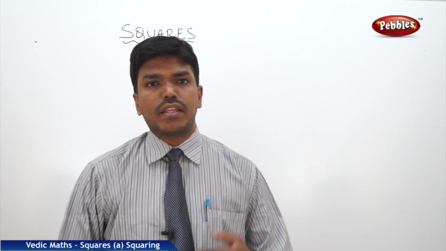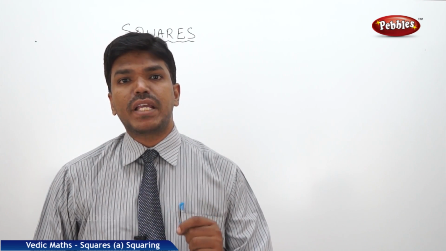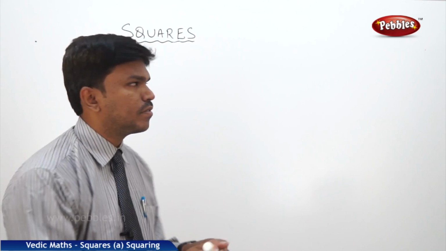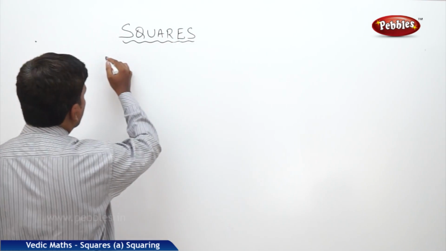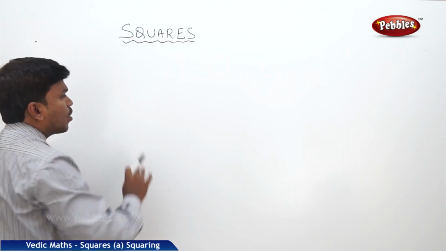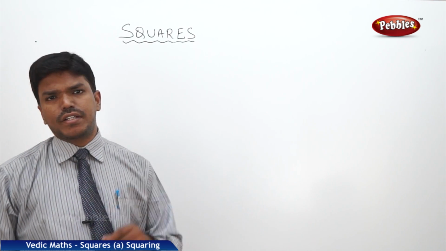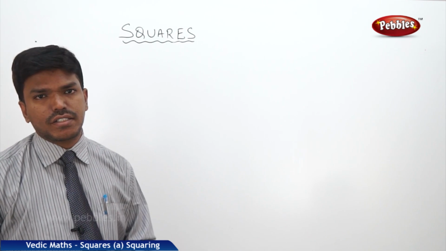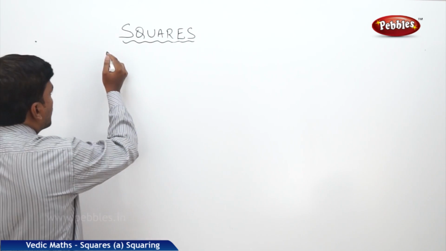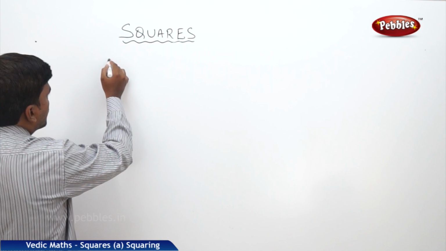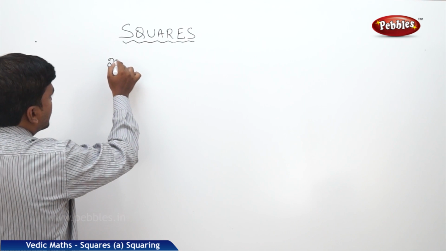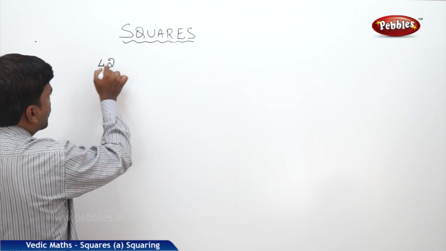In the squares, the next method we are going to discuss is the formula based technique. In the formula based technique, suppose I want to find any double digit square from 11 to 99, how to calculate? Now see here, let us take some number. I want to calculate 42 square.